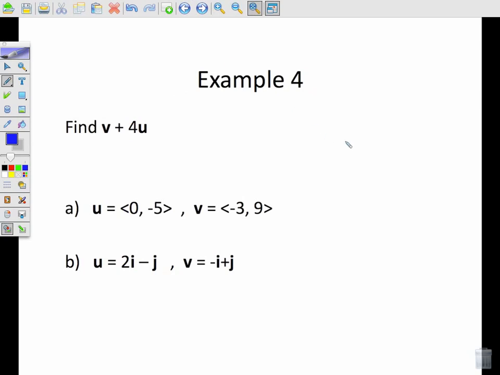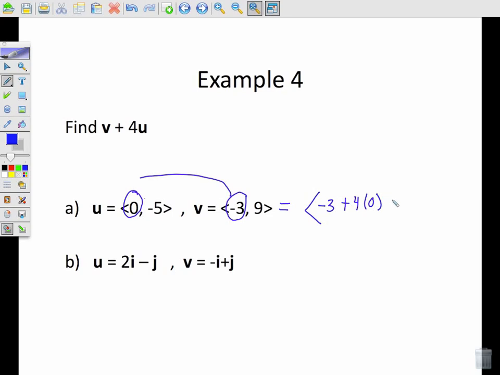All right, example 4 now. This is in the packet. We are going to find v plus 4u. You're going to be given some vectors. The vectors are in bold, and you can add, subtract, and do scalar multiplication with them. So if I do v plus 4u, then I take negative 3 plus 4 times 0.